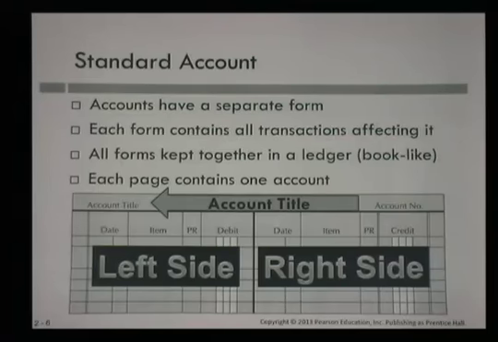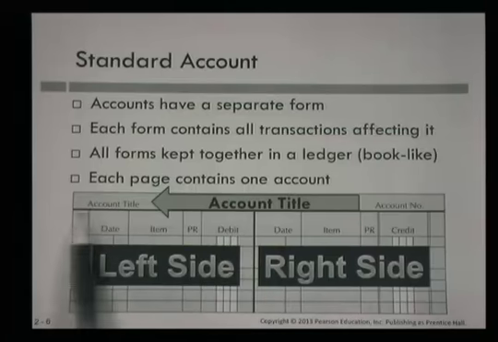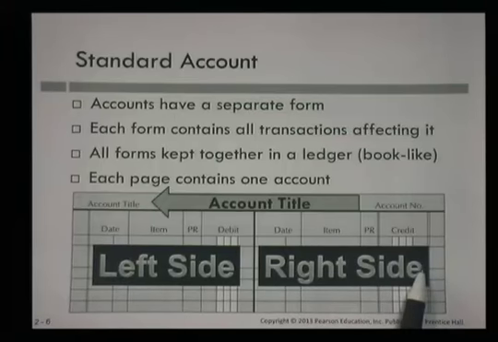When we look at this account form, you'll notice the account title goes at the top. Then there is a T, like you will be using to begin with. There is a left side and a right side.